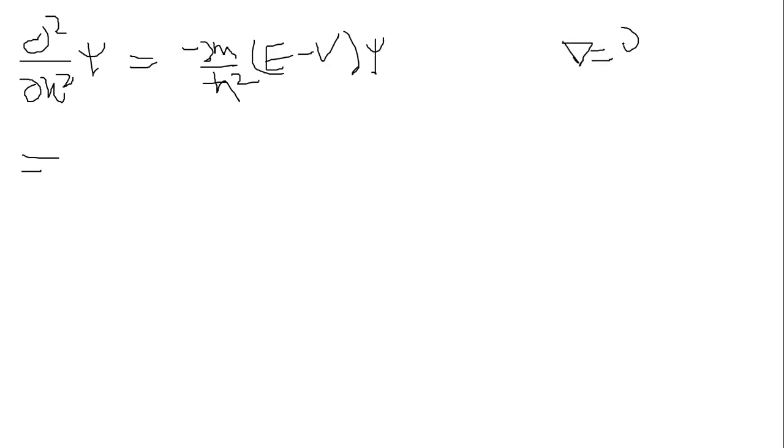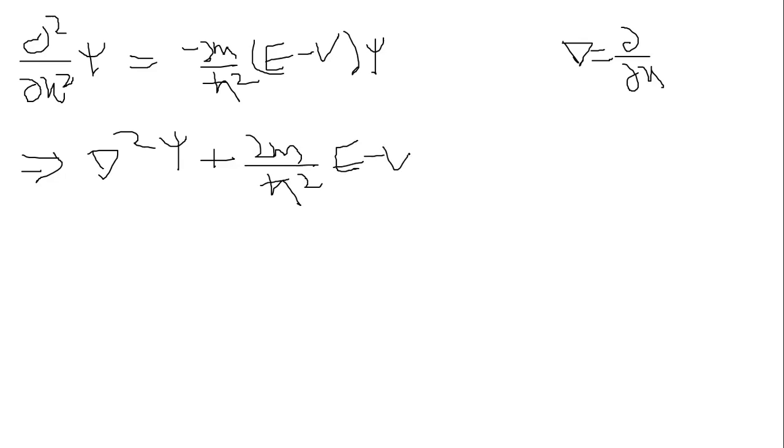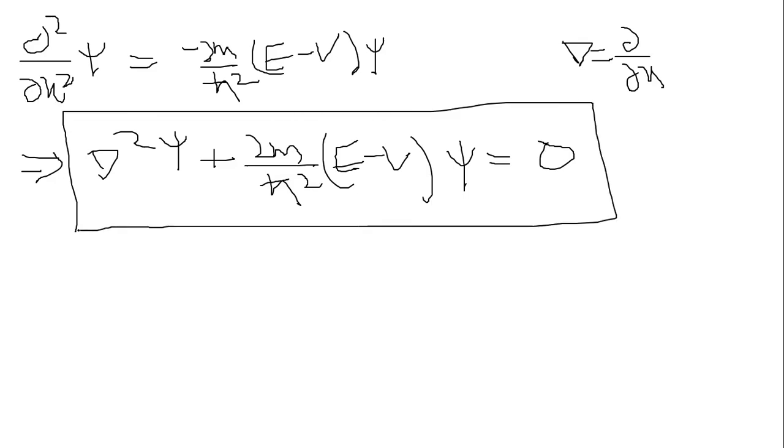When we represent del as del by del x, we can write it as del square psi plus 2m by h cross square into E minus V psi equals to 0. This is nothing but the Schrodinger equation.